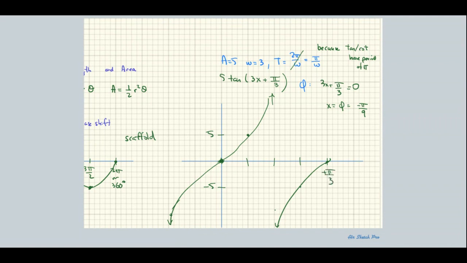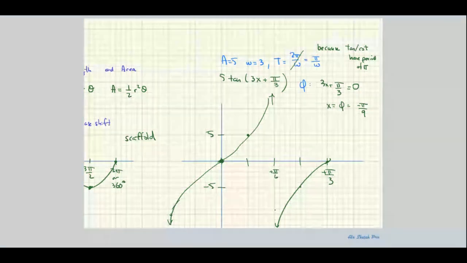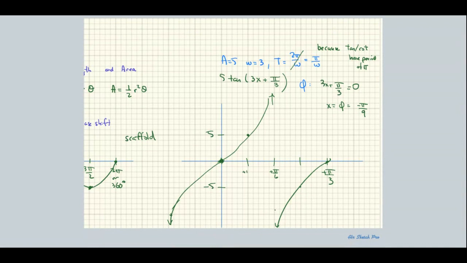And half of that is pi over 6, and half of that is pi over 12, okay? And if I'm doing this right, pi over 6 plus pi over 12 is 1/12, 2/12, 3/12. 3/12 is pi over 4, yeah? And so there's my basic hash marks on this.